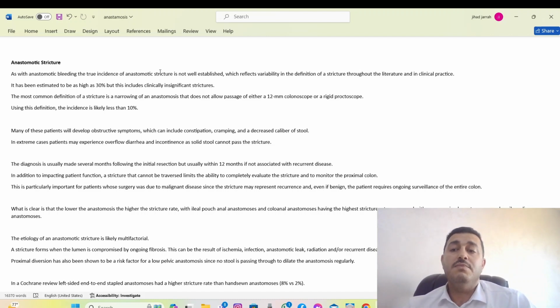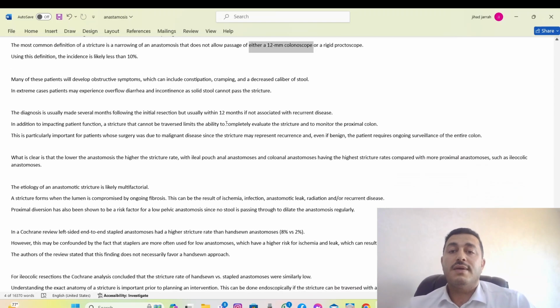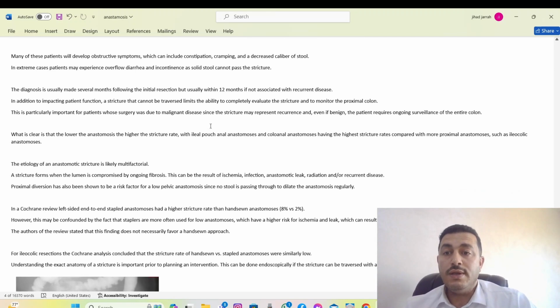The most common definition used to define stricture is not allowing passage of a 12 millimeter colonoscope or rigid proctoscope. Symptoms can be constipation, cramping, or even decreased caliber of the stool.